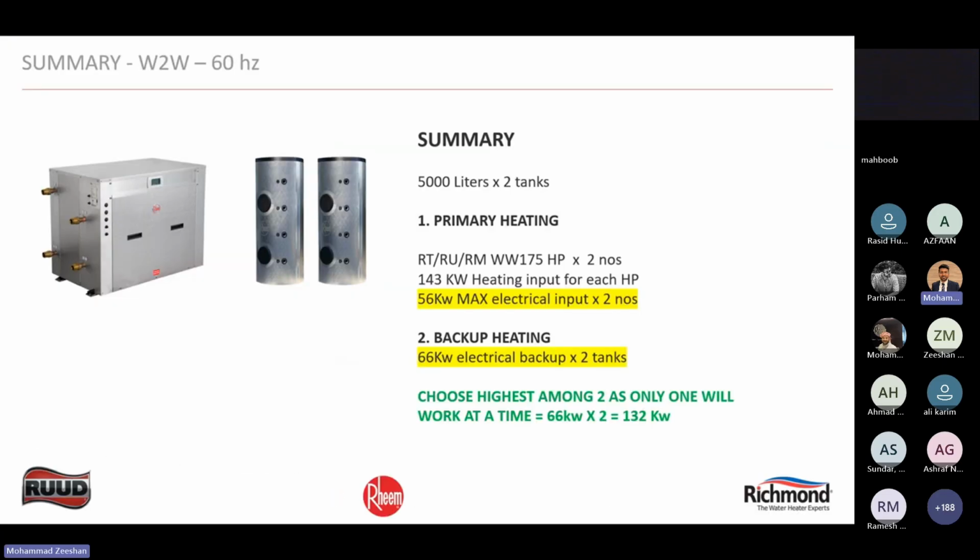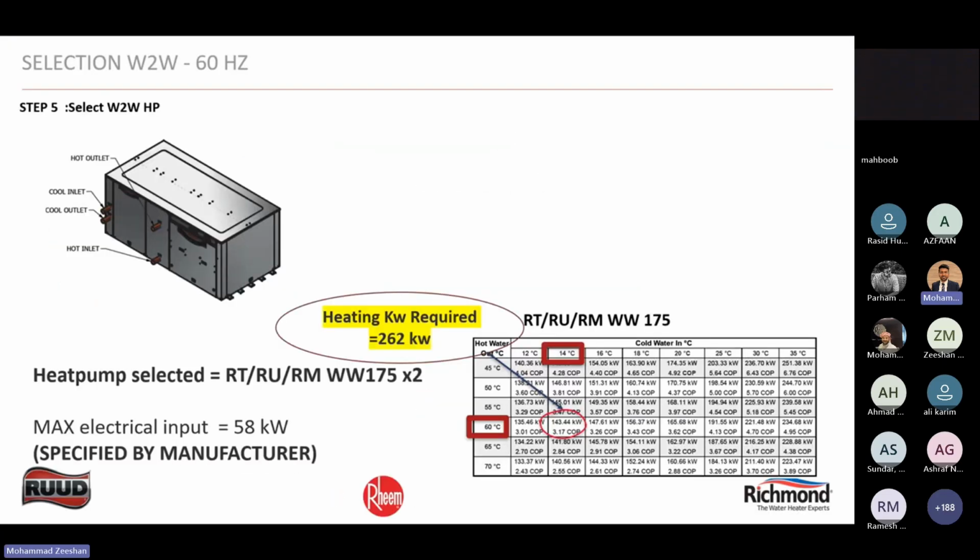It is possible, but you cannot directly connect it. You have to do something in the plumbing. You need to use a sort of four-way valve between the chilled water return tank and the heat pump. This four-way valve will divert the flow.